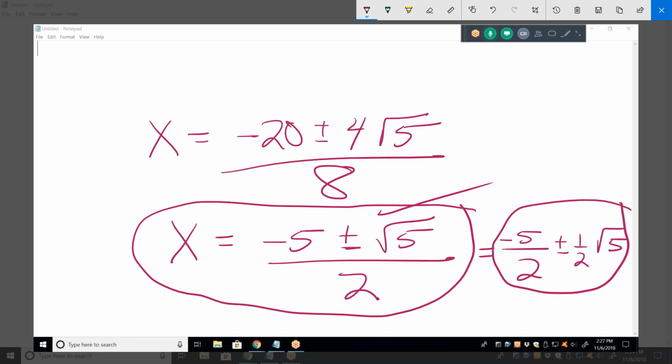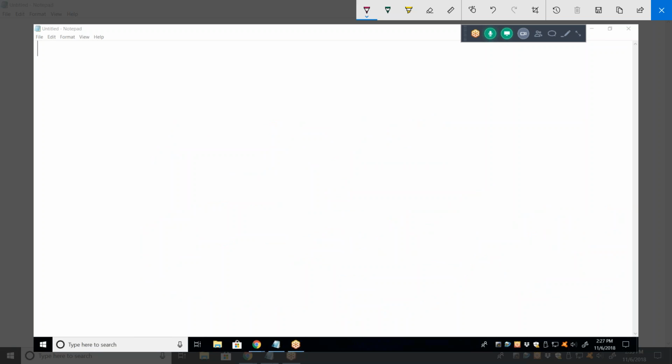You'll never lose points for that. If you end up with a complex number, in other words, if I had an i like that, then this second way is the standard format for complex numbers, where you write the complex part second, not first. Okay? So depending on if you have complex answers or not, it can change the way you're supposed to write that format.